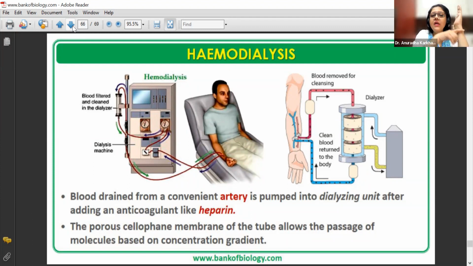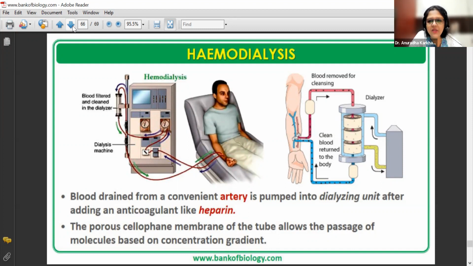Now what will happen? The blood is going to have a lot of urea, which is a nitrogenous waste. So from higher concentration, the urea will immediately move into the lower concentrated area. So the urea from the blood will diffuse out to reach the dialyzing unit.